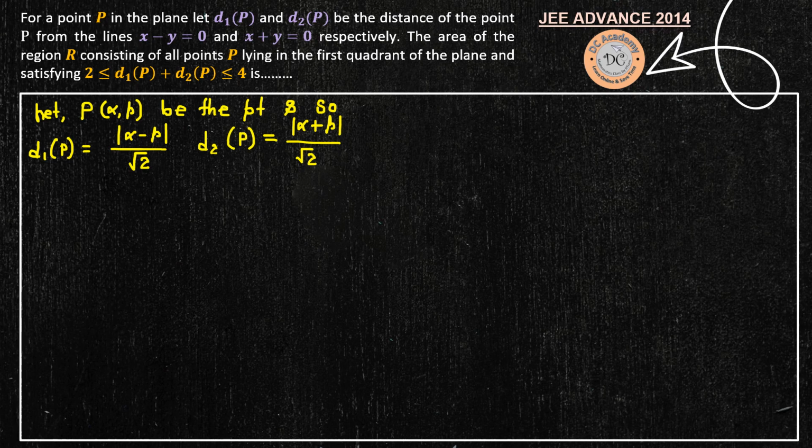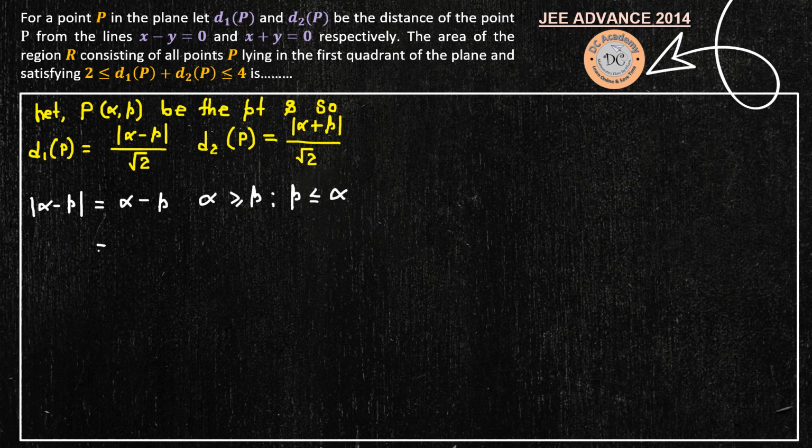Now, see that D1P and D2P are already calculated. So let's go ahead. Now we have to understand the mod symbol, because whenever the mod symbol is opened up, it can take positive or negative values, based on the values of alpha, beta. We know the definition of mod of alpha minus beta: it is equal to alpha minus beta when alpha is greater than or equal to beta, or we can say beta is less than or equal to alpha.